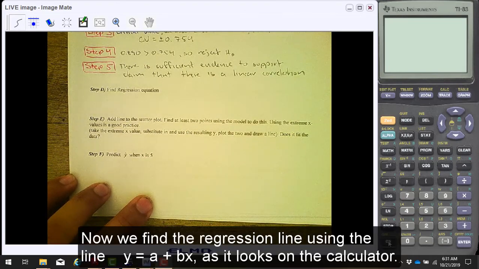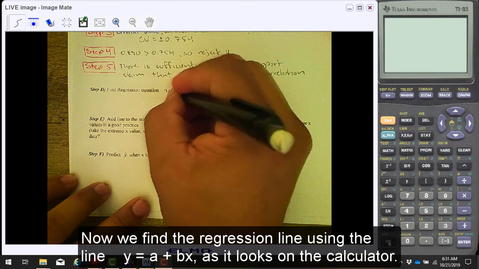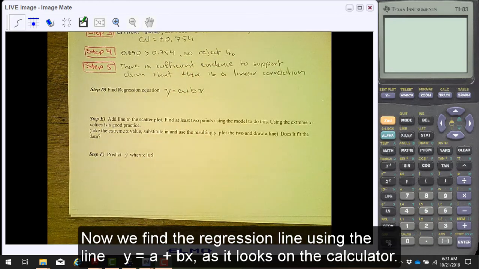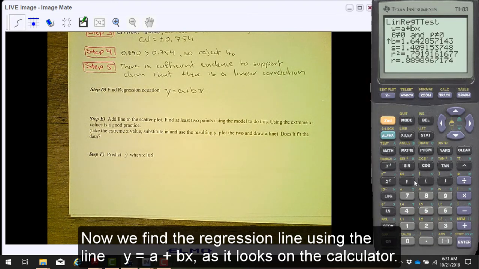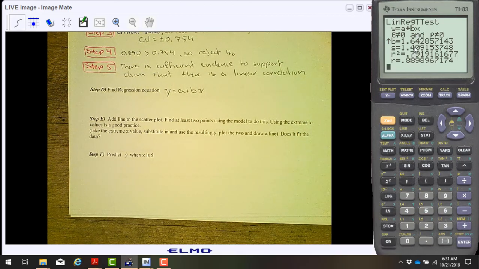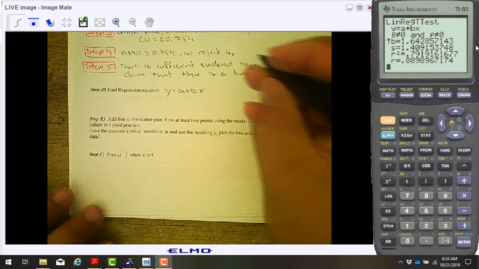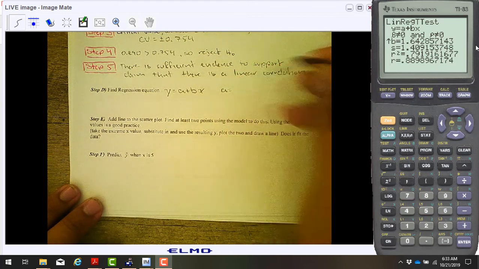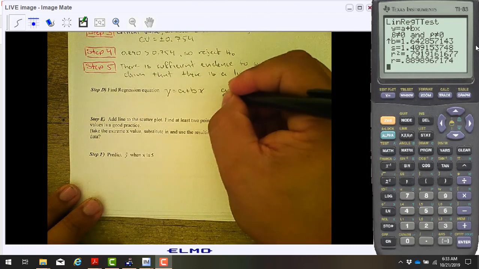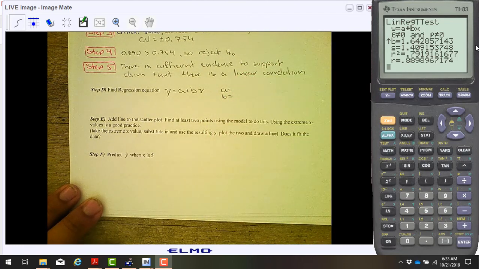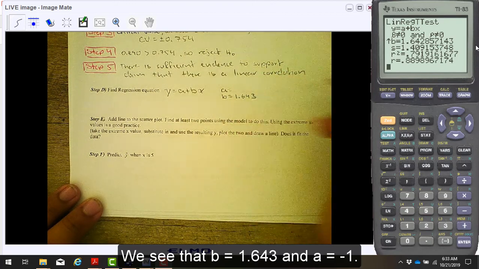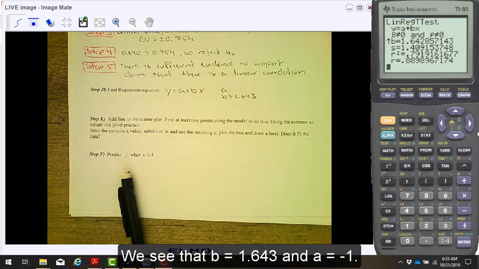Now we find the regression line using the line y equals a plus bx as it looks on the calculator. We see that b equals 1.643 and a equals -1.